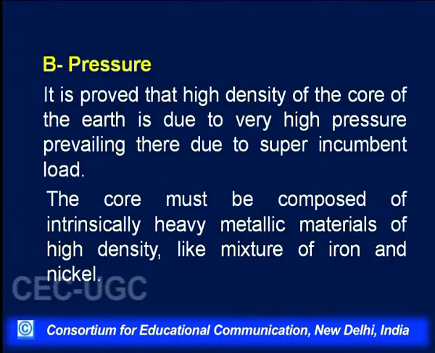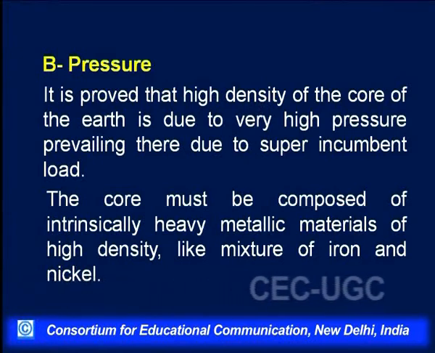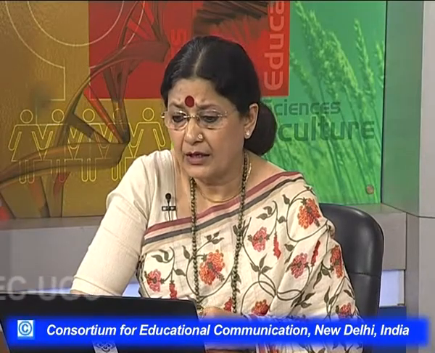When we talk about pressure, it is due to the heavy load of the rocks overlying the crust, and that is why it is called superincumbent load. The high density of the core comes with very high pressure due to the entire load resting over it.